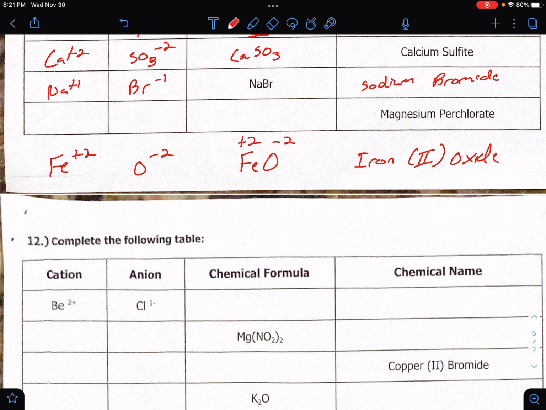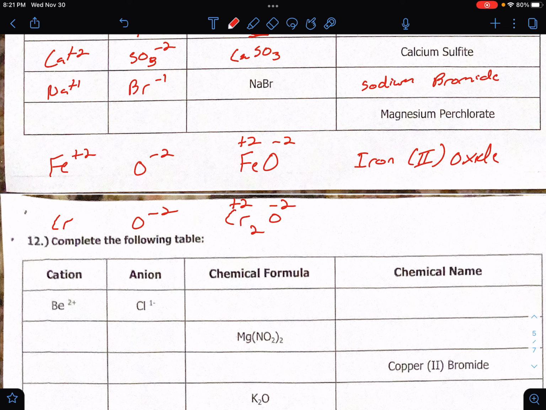Let me do another example, one that can be a little more tricky. Let's see if I did something like Cr2, and then I'll just stick with the O. Okay, so I know oxygen is always a -2. I don't know what chromium is because it's a transition metal. So if I know oxygen has to be a -2, this whole thing of chromium would have to equal out to a +2.